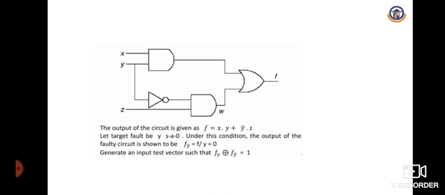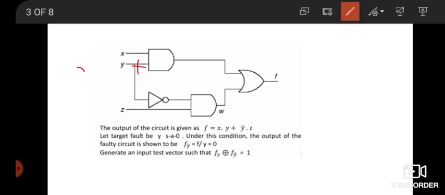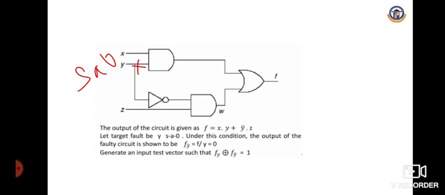Consider this example circuit. In this circuit, y is affected by stuck at 0. Already we know the concept of stuck at 0 and stuck at 1. From this fault we are able to find the test vector using the Boolean difference method.